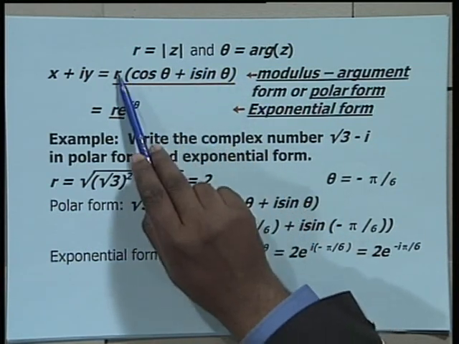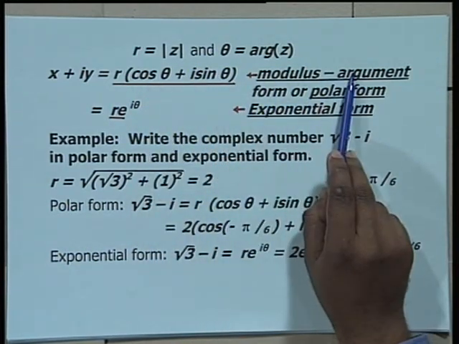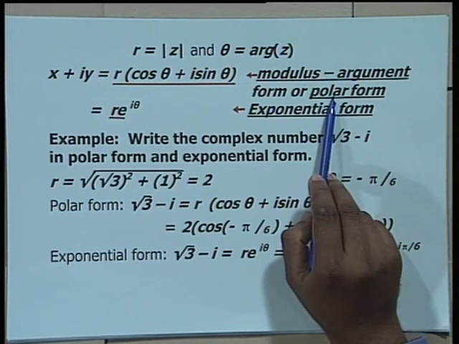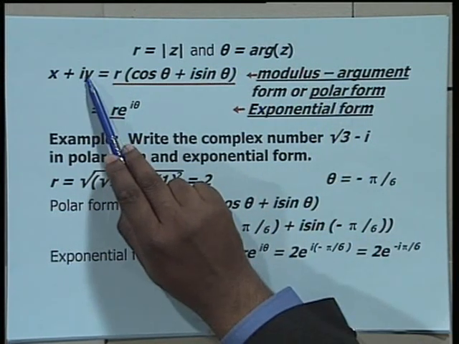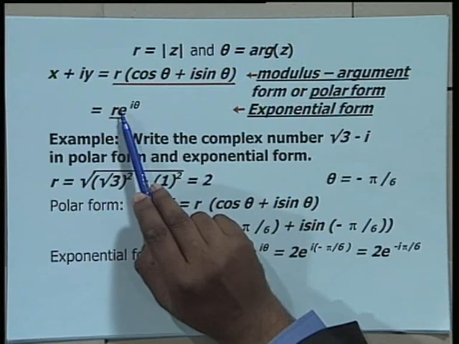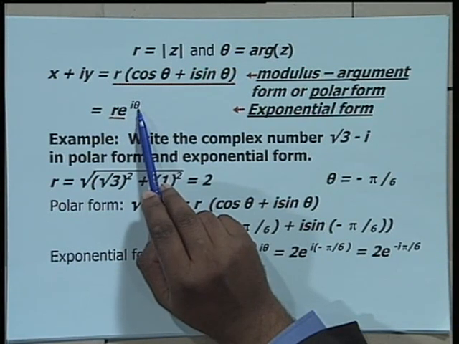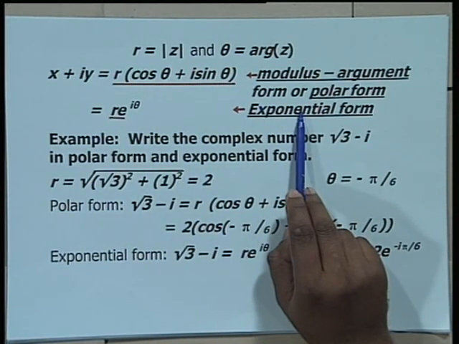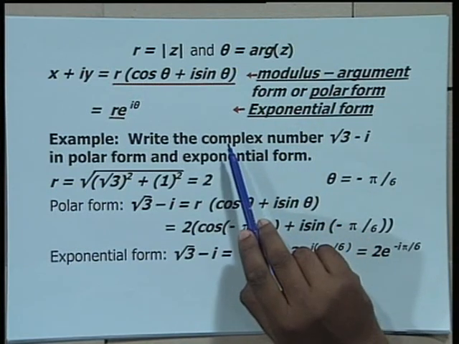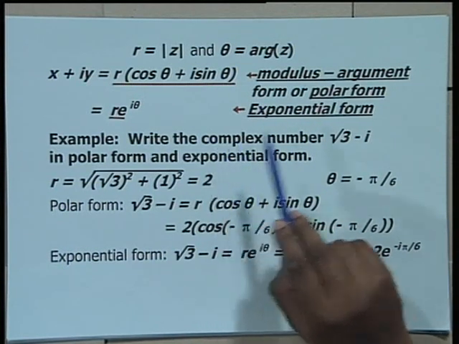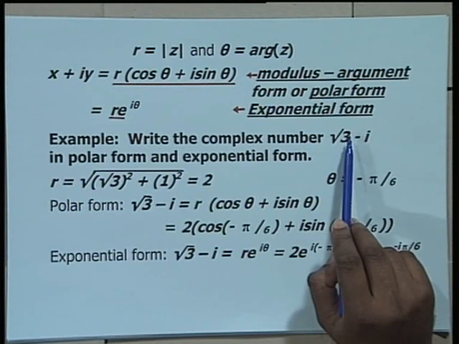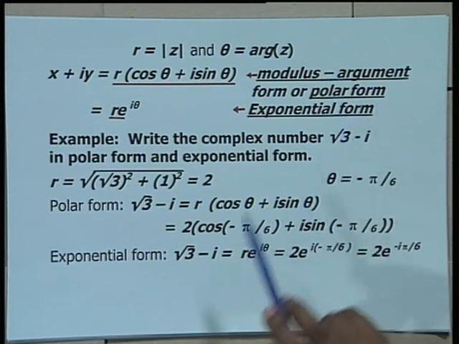This form is called the modulus-argument form, or simply the polar form. We can also write x plus iy in the form r e to the i theta, which is the exponential form. Let's see how to convert between the usual form and the polar form and exponential form.